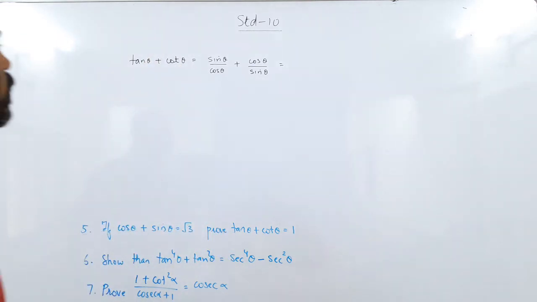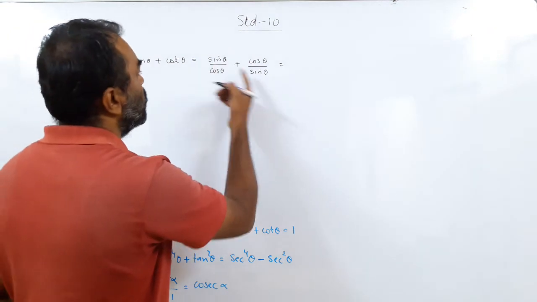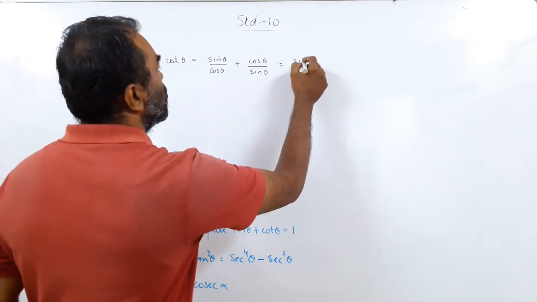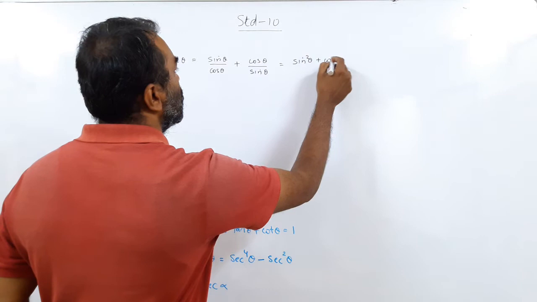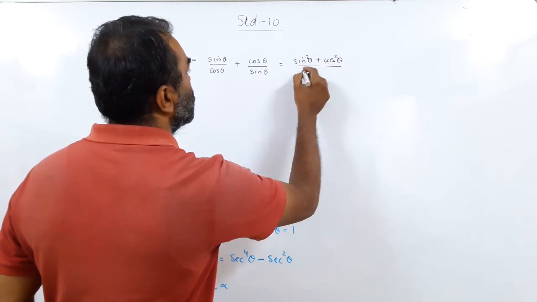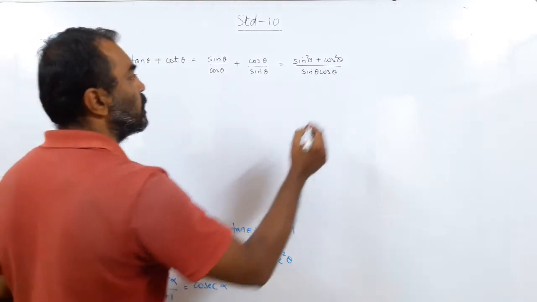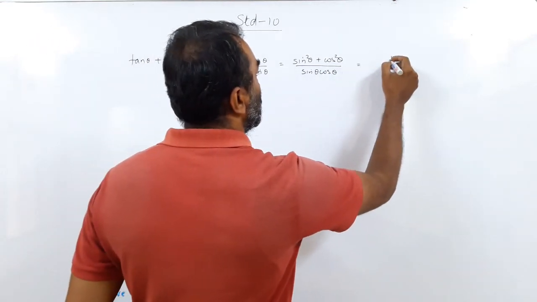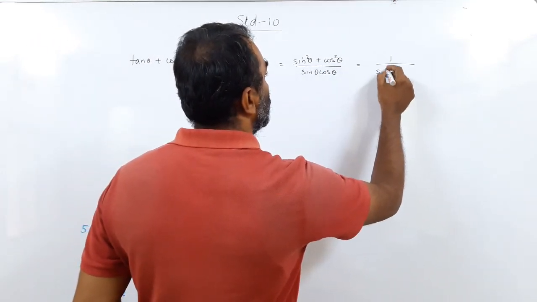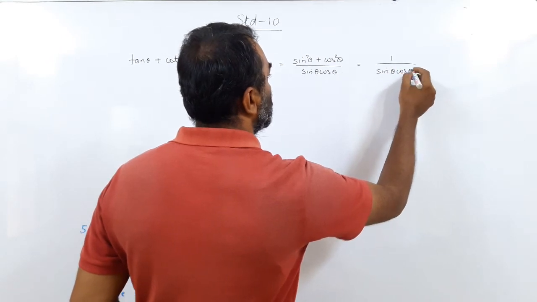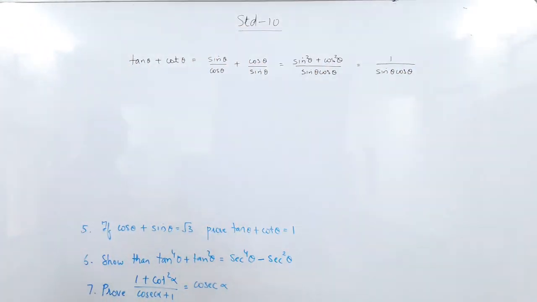Now the LCM, so cross multiplication, sin square theta plus cos square theta upon sin theta cos theta. Sin square theta plus cos square theta equal to 1, so this equals 1 upon sin theta cos theta. Okay, the simplification is done till here.